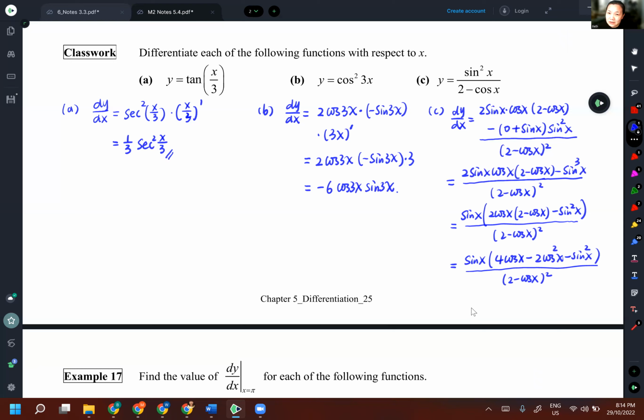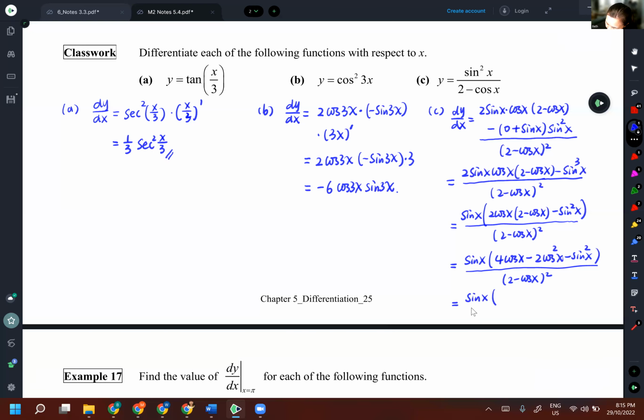Now just make sure that it's all factorized and each factor is simplified. Now for this factor, I think it's almost okay. It's just a little bit uncomfortable for me to watch sine squared and cosine squared at the same time. So I will just use the square identity again.